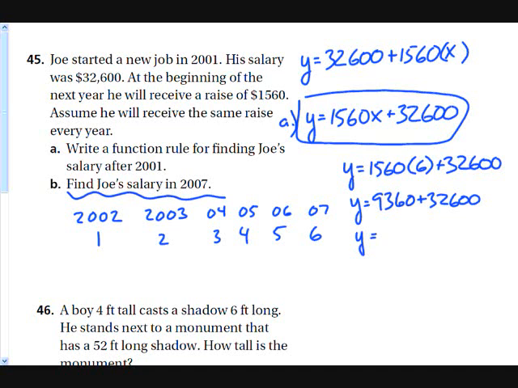So we find out that he is now making $41,960. And that answers part B. So again, we wrote the rule based on the number of years after he was hired, so we have to plug the x value in based on the number of years after he was hired.